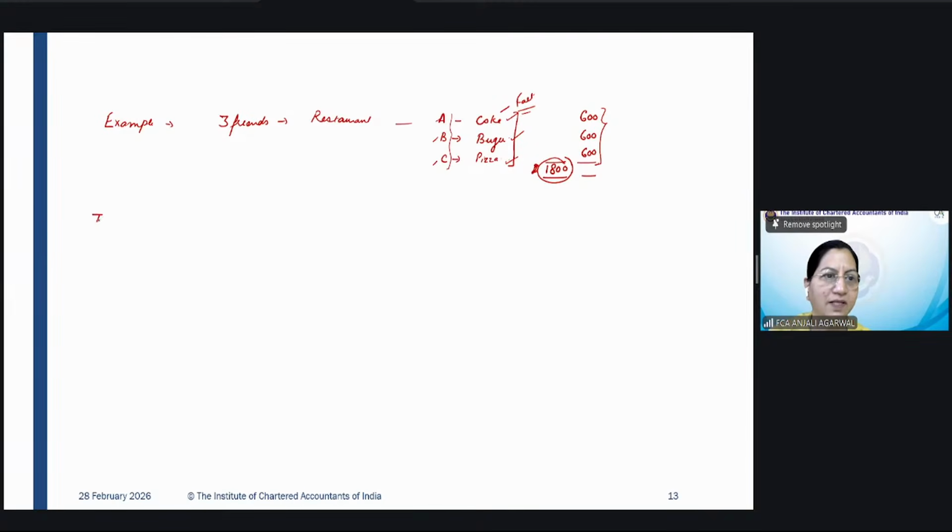The third method is, before I begin with the third method, let me make one clarification. When you have three products emerging from a joint process, you get three joint products. It is not necessary that A, B, and C are all feasible to further process.